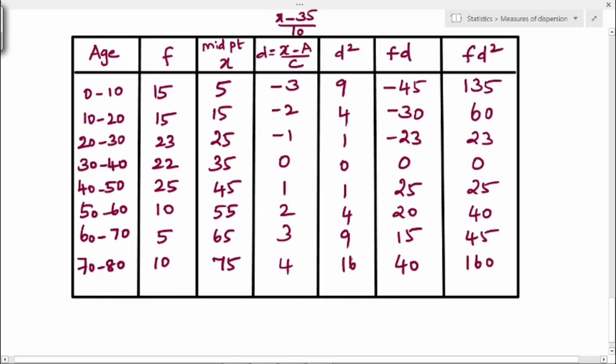Now we have to find the totals. Summation f is nothing but the n value, so the value of n is 125. Next, summation fd total: if you add and subtract you will get 2. Next, summation fd square total: if you add all the values you will get 488.